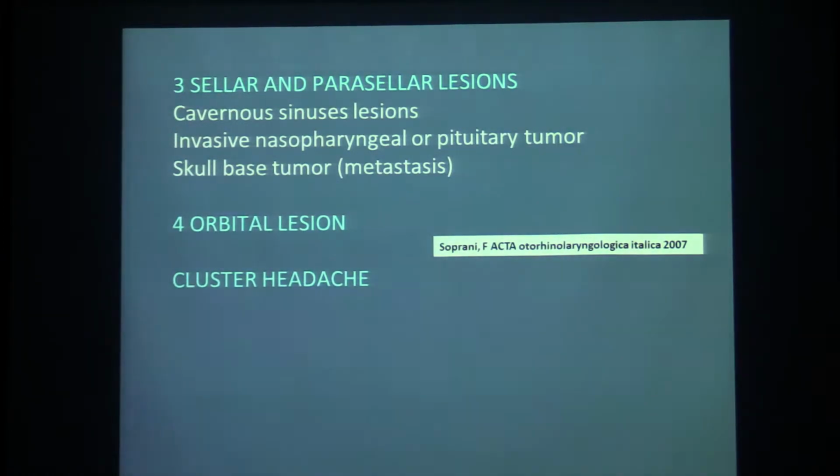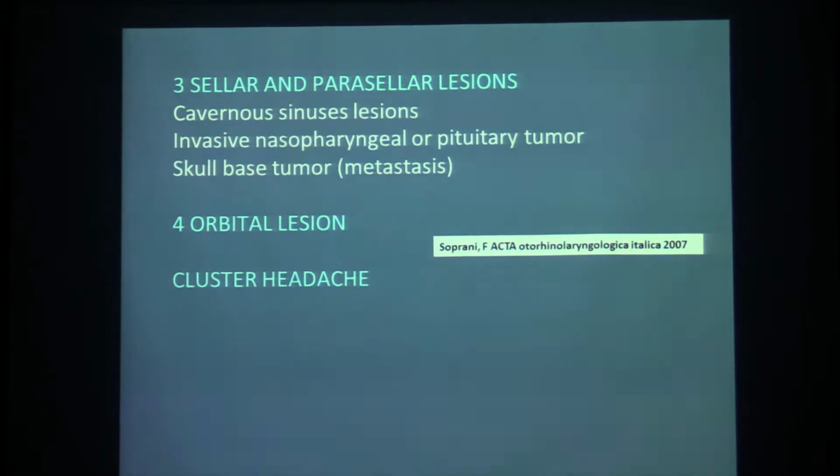Of course, when we go in the brain, it's all that is around the cavernous sinus. Because the sympathetic goes through the cavernous sinus, it can be anything you can find in the cavernous sinus. And also all the lesions that are around that can invade the cavernous sinus, such as nasopharyngeal or pituitary tumor or skull base tumor.